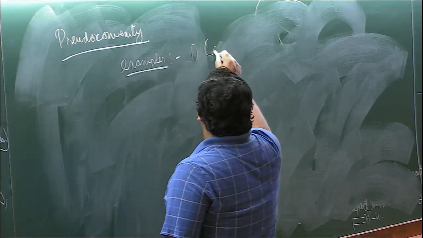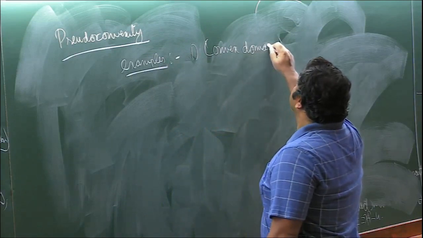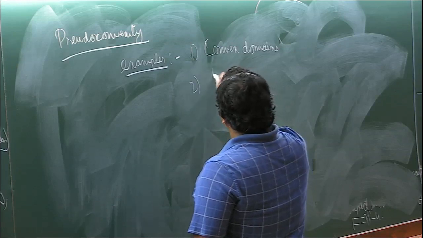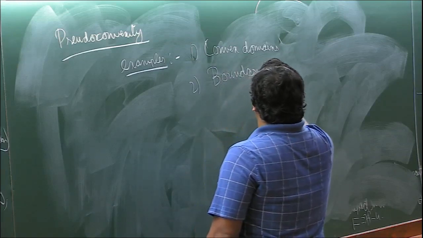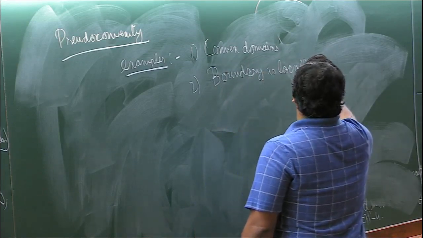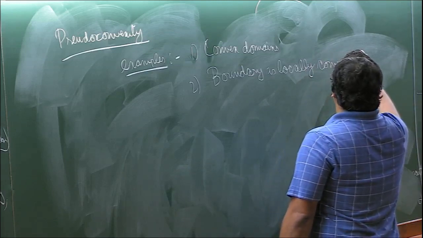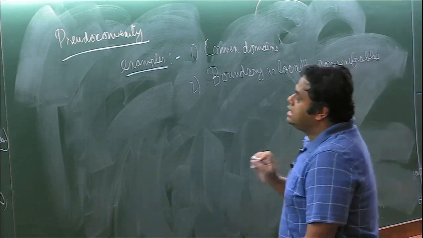For example, every convex domain is automatically pseudo-convex. If the boundary is locally convexifiable, and I'll explain what that means, then it is pseudo-convex.